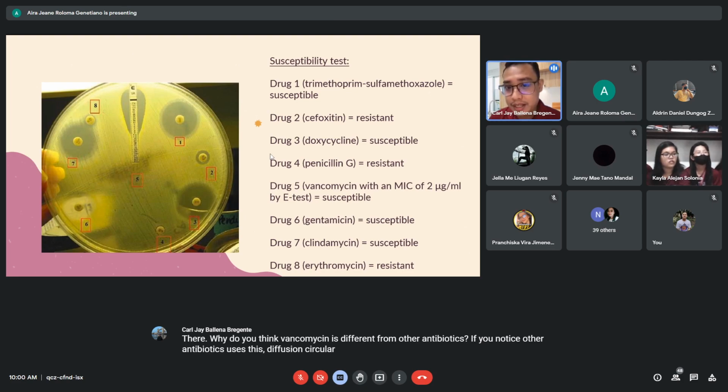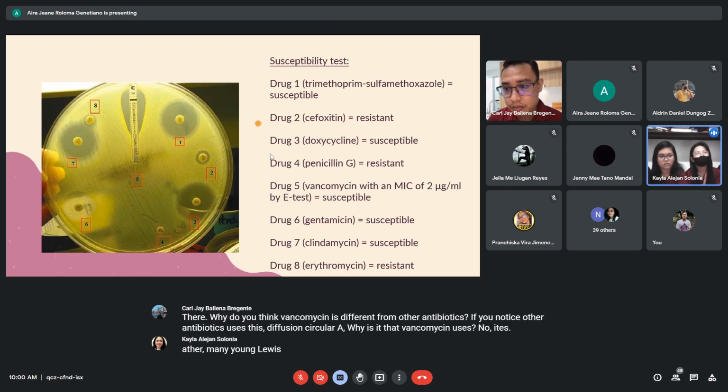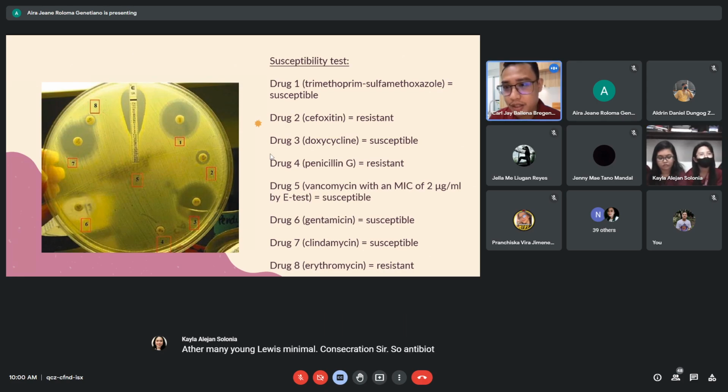Why is it that vancomycin uses E-test? To determine the lowest minimum concentration of the antibiotic, sir. What's the importance of the determination of the MIC for vancomycin?